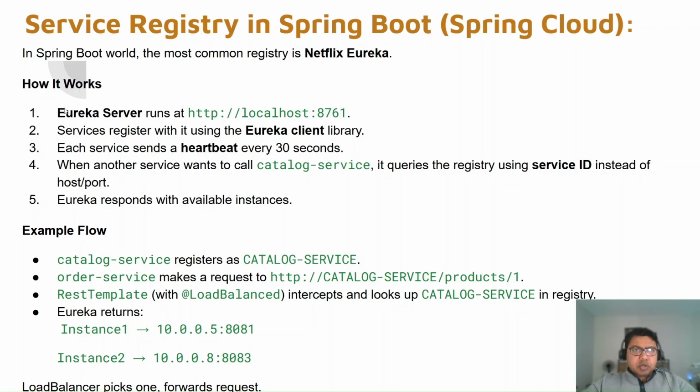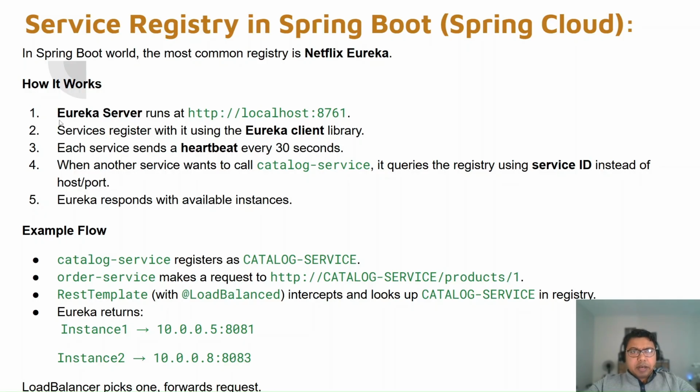How does it work? The Eureka server: we have to write one Spring Boot service which we dedicate to Eureka. How we will do that, we'll show soon in the second part of this video. That Eureka will be running on 8761, the default port for Eureka.